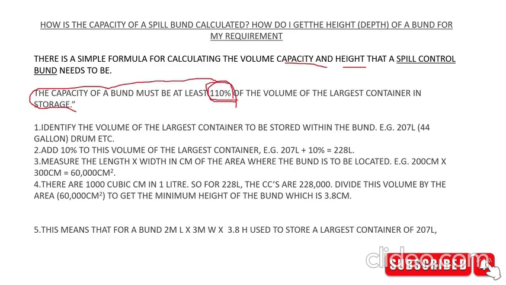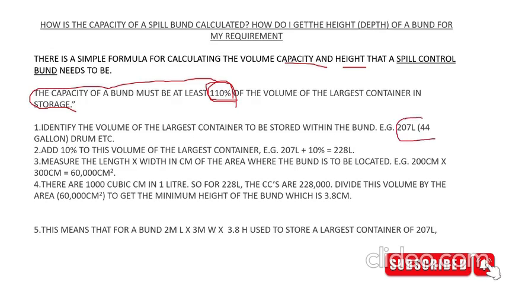The first step of calculating the bund size: identify the volume of the largest container to be stored within the bund. So you have to identify the tanks or drums which you are going to store inside the bund.